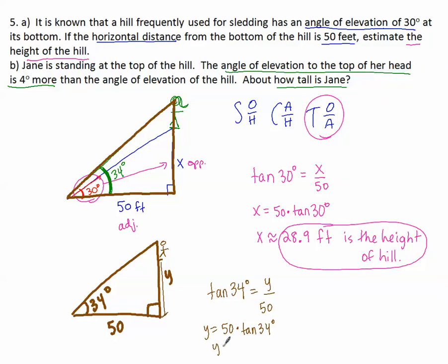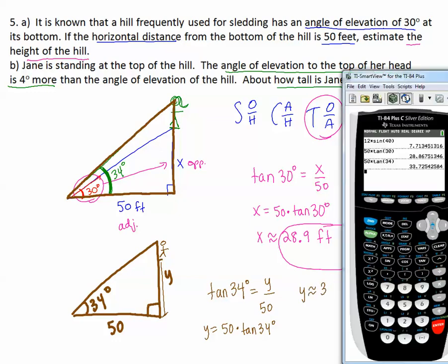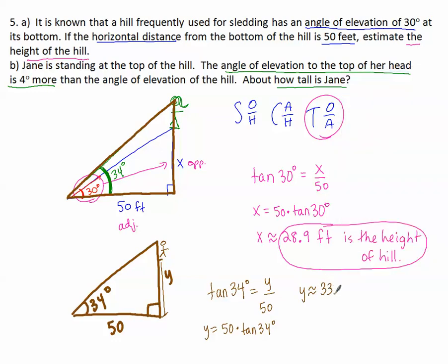So y is approximately 33.7. Now, that's the whole distance from here down to here, 33.7.